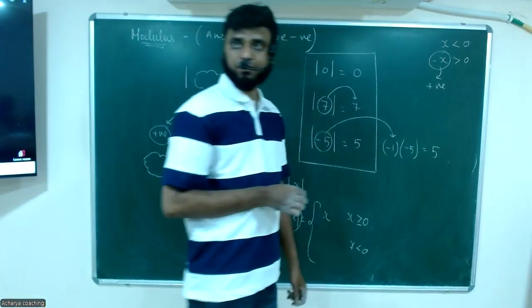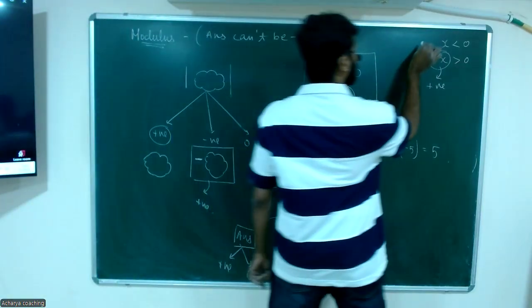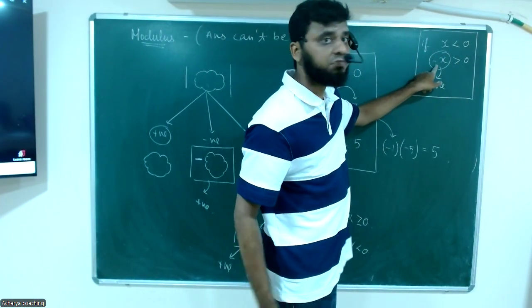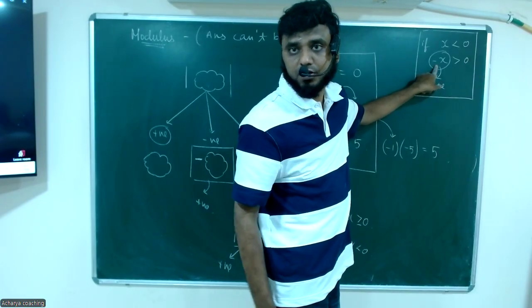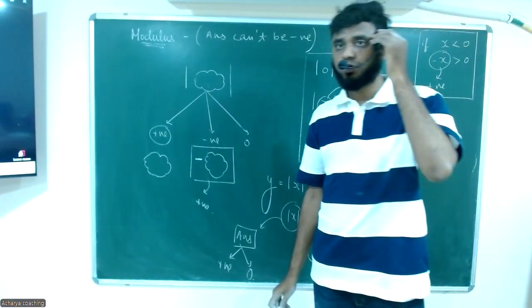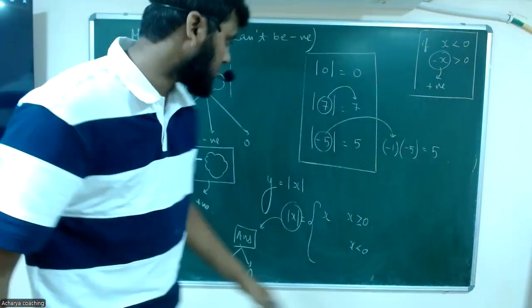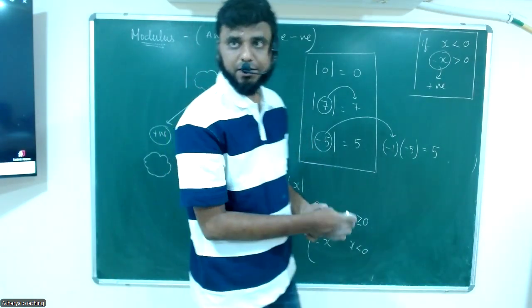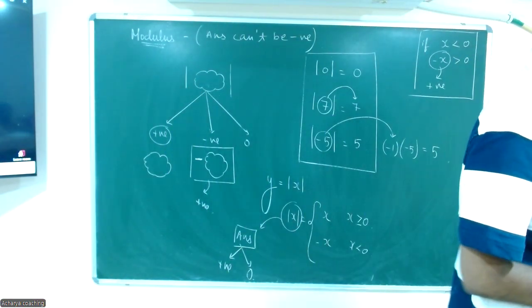Because greater than 0 we have. Don't think after seeing this minus sign that it is negative. Since x is negative, minus x is positive. So here, if x is less than 0, I have to write minus x. Modulus part is clear. Copy this.